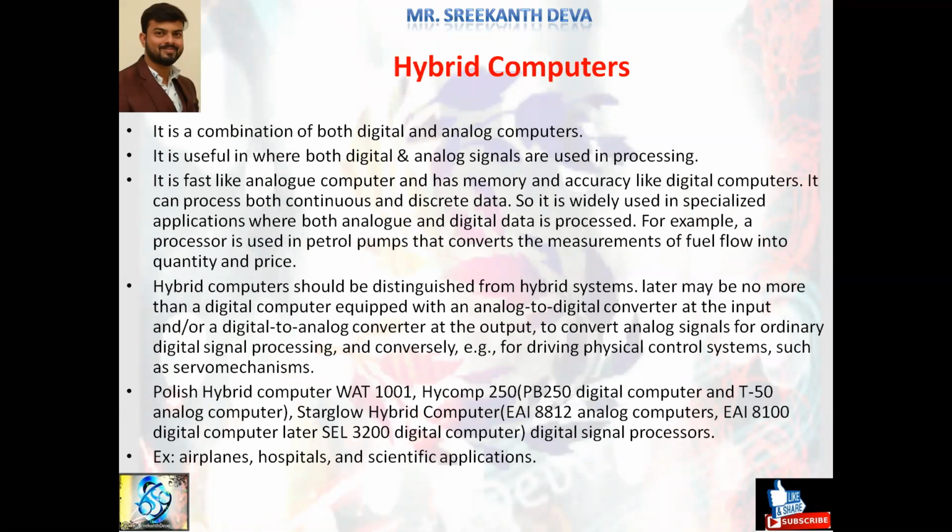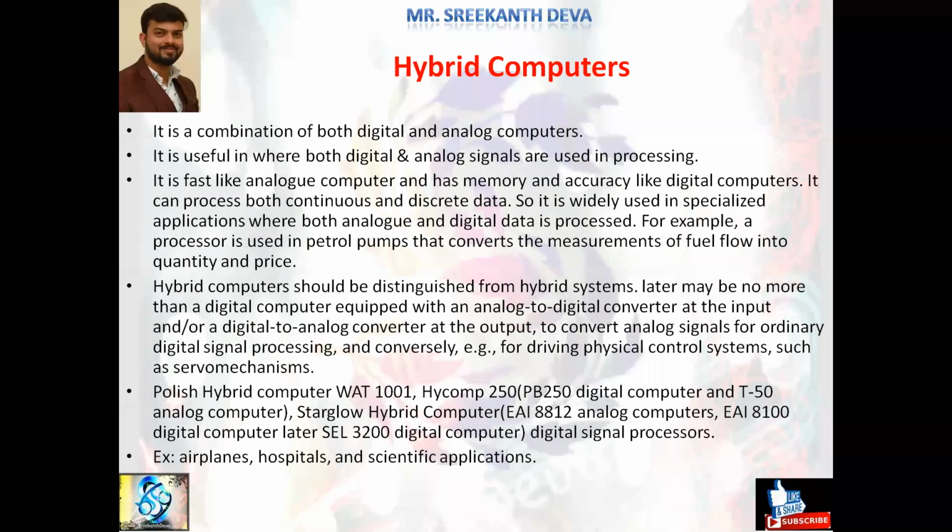Okay, the last one is hybrid computers. As we discussed previously about hybrid computers in detail, a hybrid computer is a combination of both digital and analog computers. It is useful where both digital and analog signals are used in processing.